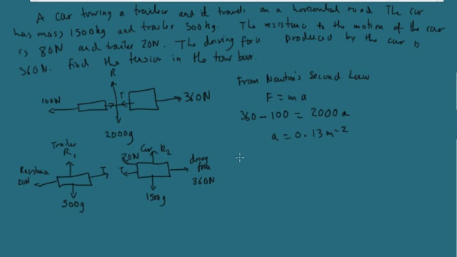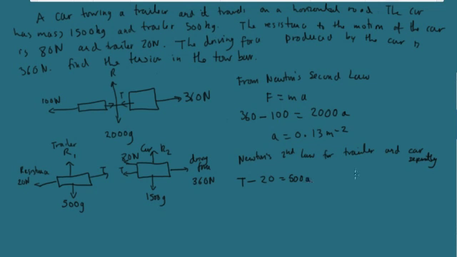So we can now take Newton's second law for the trailer and car separately. So for the trailer we have T, which is going in this direction, minus 20, which is going in the opposite direction, and that must be equal to the mass, 500 a.